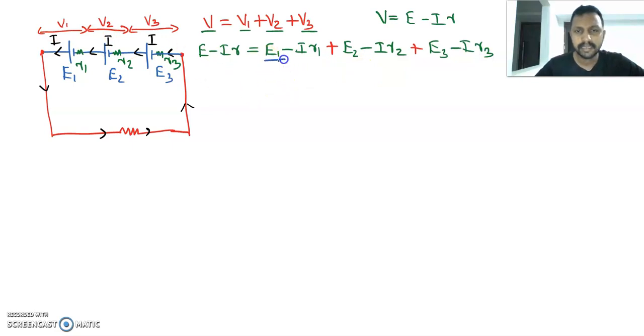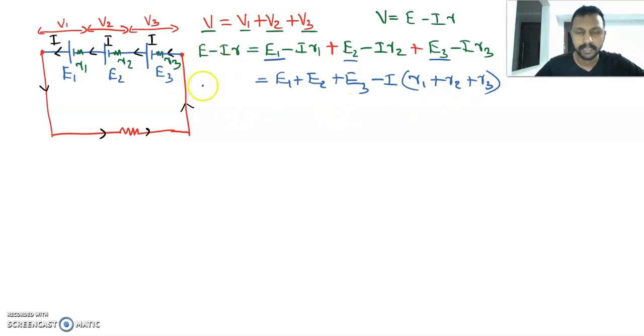Then let's take E1 plus E2 plus E3 to the front. Remaining is minus IR1 minus IR2 minus IR3, in which I am taking minus I common out. Then it should be R1 plus R2 plus R3.